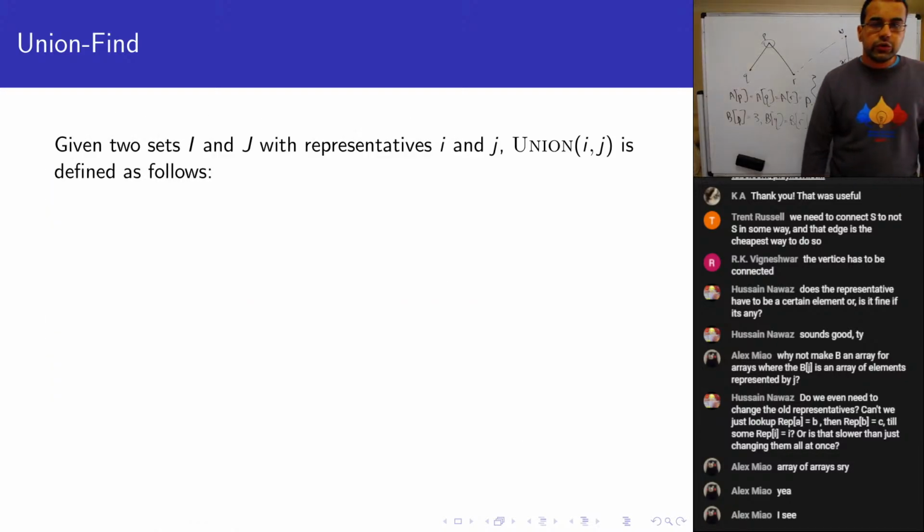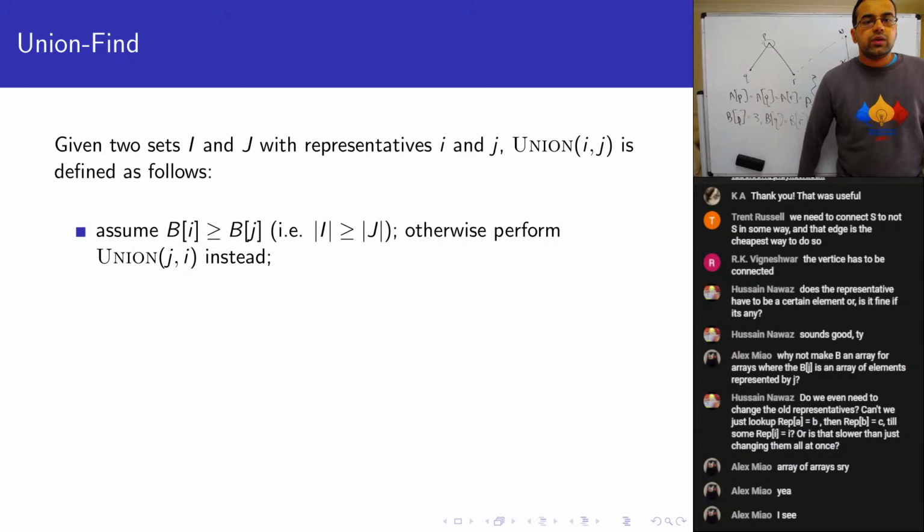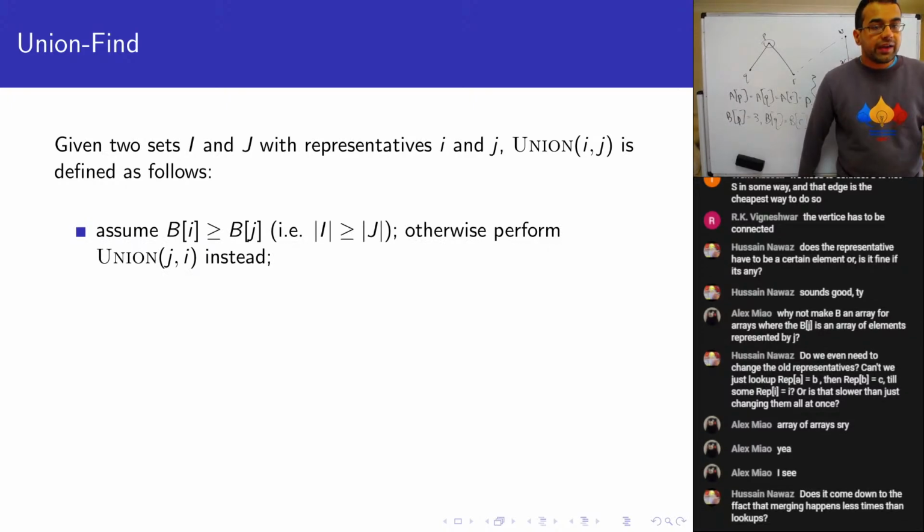So, how do we do union of i and j? Yeah, you could put it like that. There are only ever going to be n merges, n union operations, whereas there could be many m find operations.